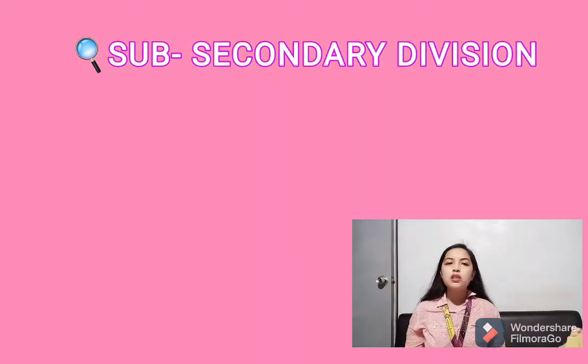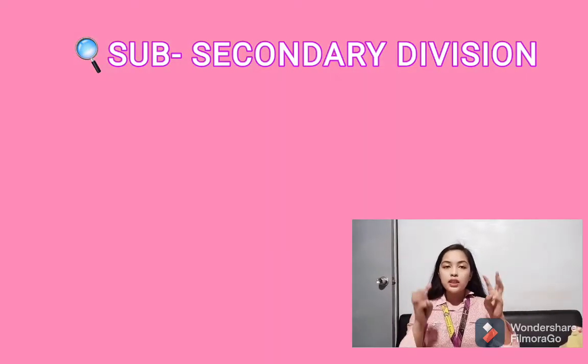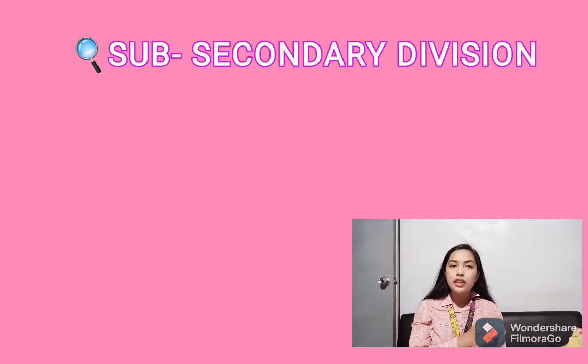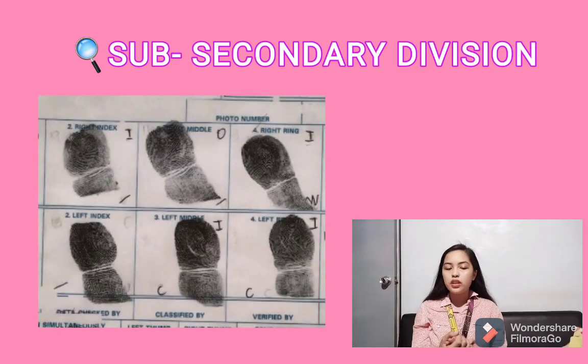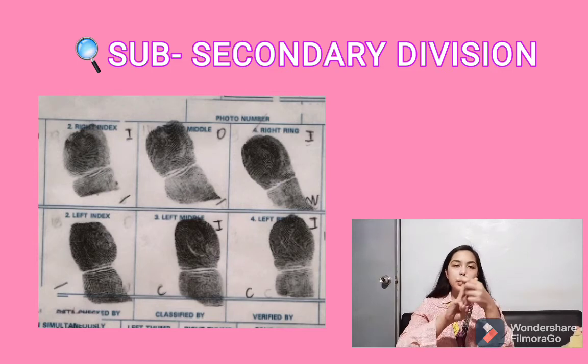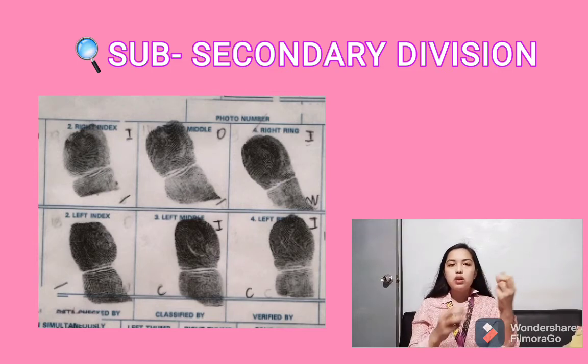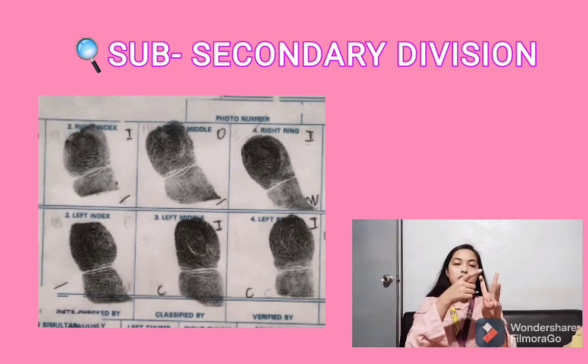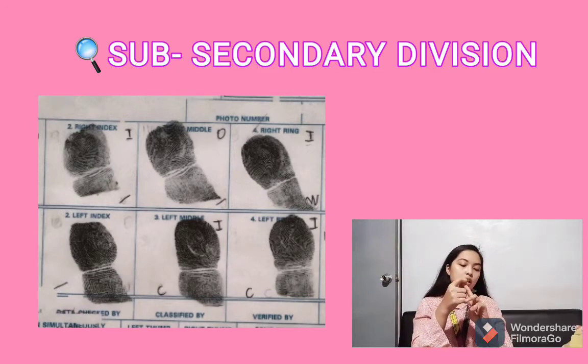Dito sa subsecondary division, napakadali lang kasi tatlong fingers lang yung lagi nating tatandaan, both left and right. So, right index, right middle, and right ring finger. On the other hand, we're going to use the left index, left middle, and left ring finger.